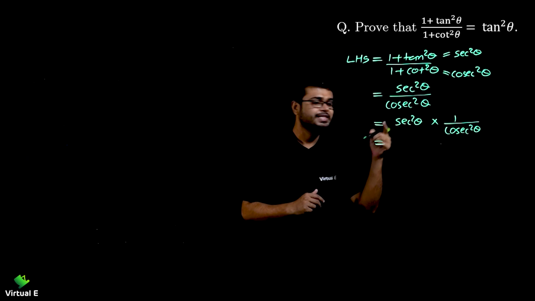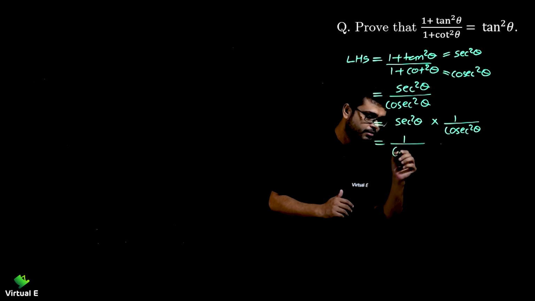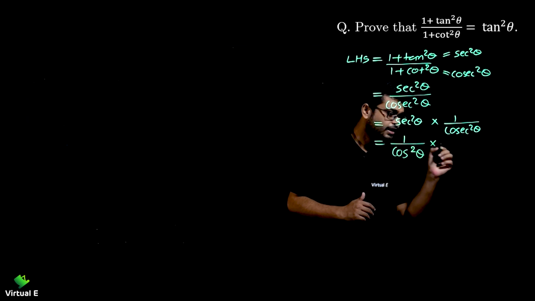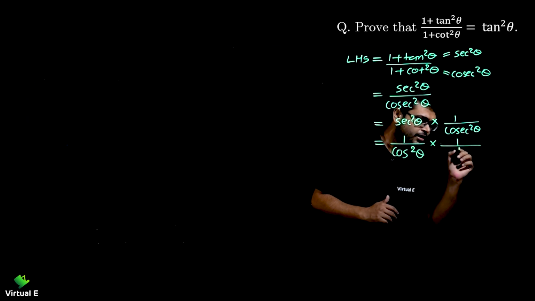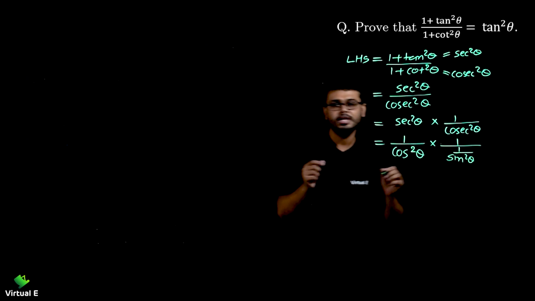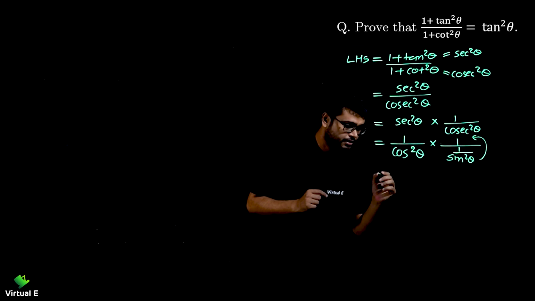If I want to write sec square theta in terms of cos, what will it be? 1 by cos, and it is squared, so cos square theta, and here 1 by sine square theta will be there. Done? Simple.